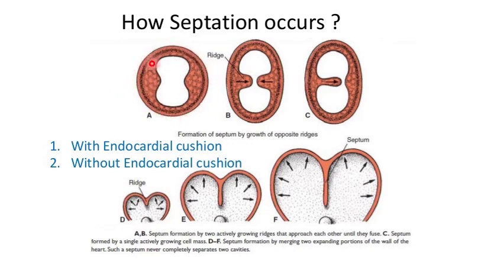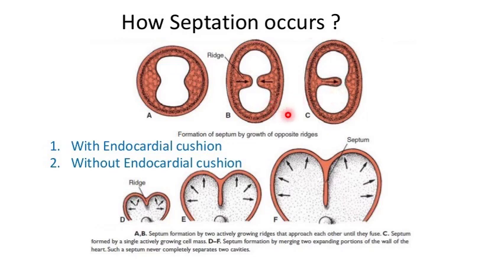So the mesenchymal cells which have settled in this cardiac jelly proliferate and grow towards each other to form a septum or a ridge, dividing a cavity into two, or only from one side the proliferation can occur and join the opposite side to divide the cavity into two halves.